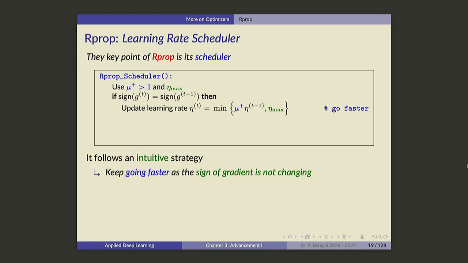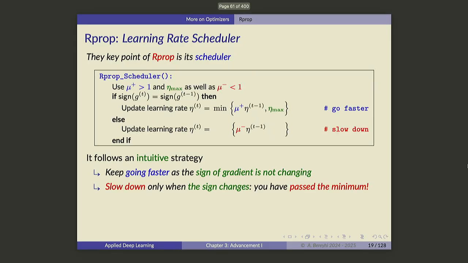But what's going to happen if you just move? I mean, here the gradient tells you go forward, and then you take your step. Now the gradient tells you go backward. What do you conclude? You have passed the minimum, right? So you need to just go back. Now, if you want to go back, do you go back with the same step, the longest step, or are you going to take a smaller step, right? Because it was somewhere in between, right? So this is what you do. You just choose one mu minus, which is smaller than 1.